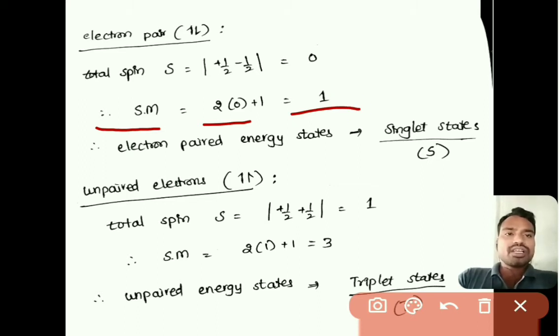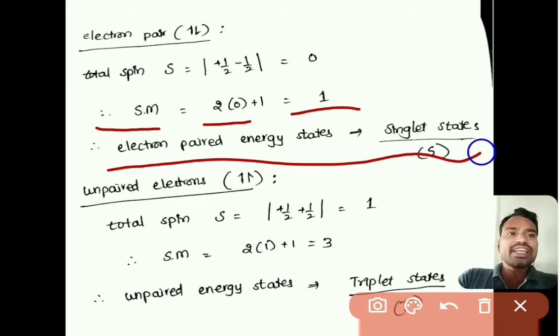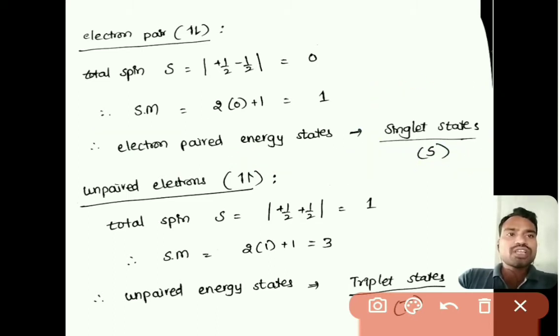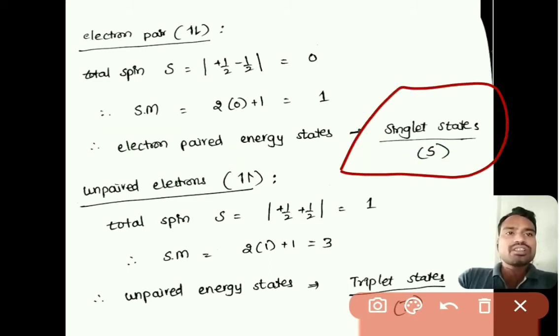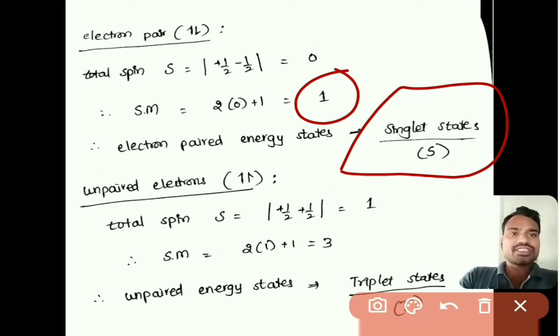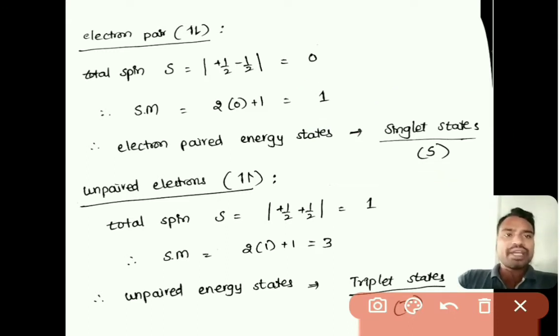So electron paired up states are called singlet states, because the spin multiplicity is 1. Now we will see unpaired electrons.